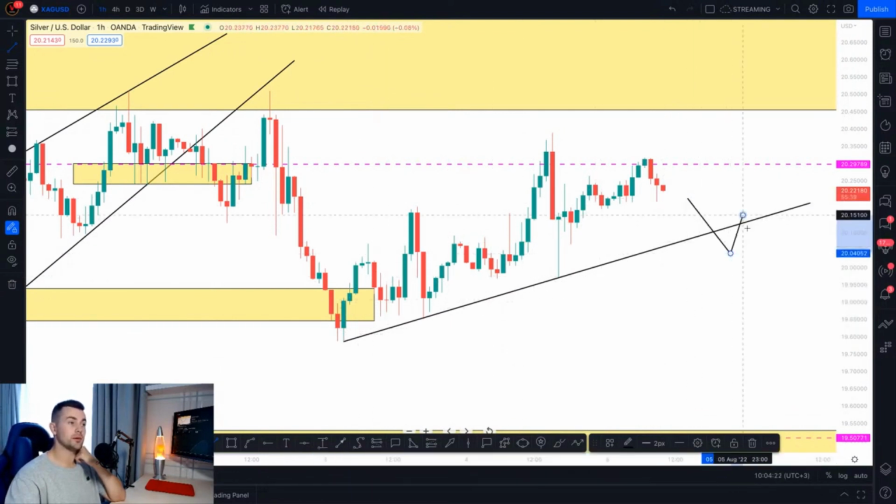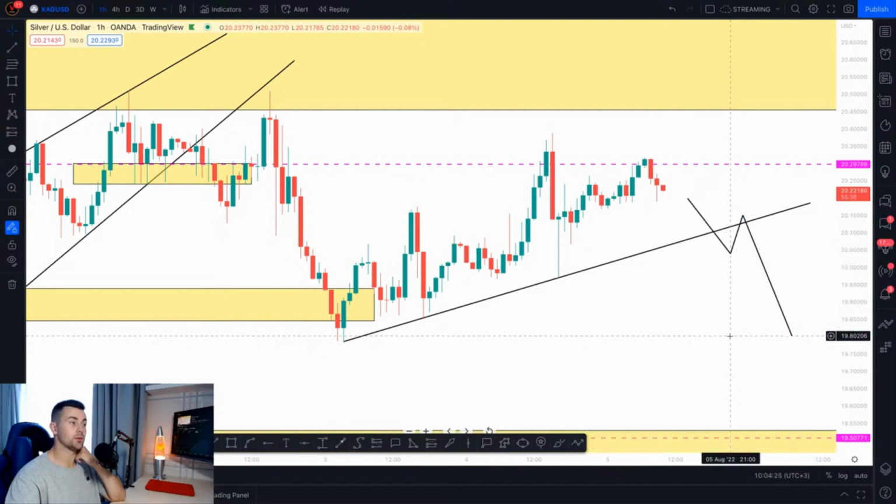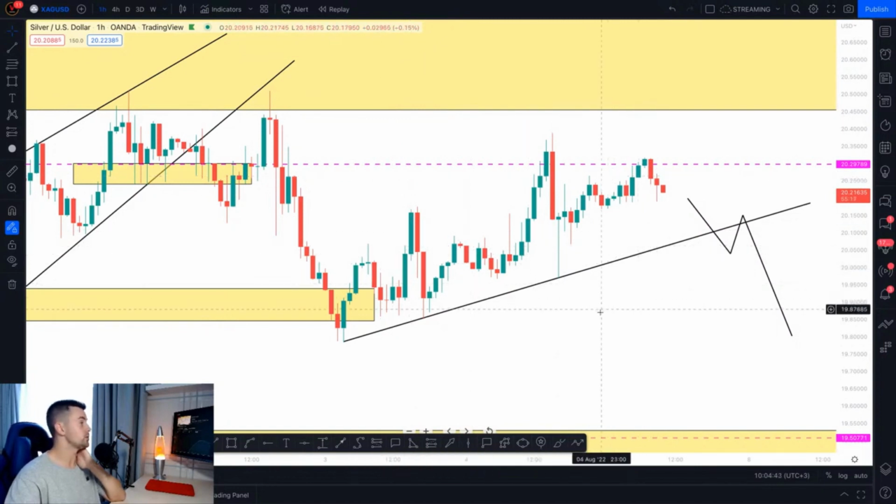I assume that its bearish breakout will push the market lower. So silver still looks bearish to me, even though we see this local bullish continuation, minor bullish trend on silver. I truly believe that soon the market will drop. So monitor the reaction of the price to that trend line.